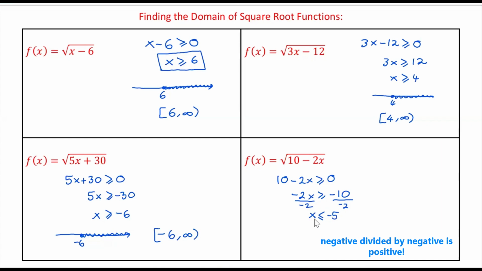So we find x is less than or equal to positive 5. Let's draw it on the number line. So 5 is here and x should be to the left of it. Therefore, anything from negative infinity until 5 will be in the domain.